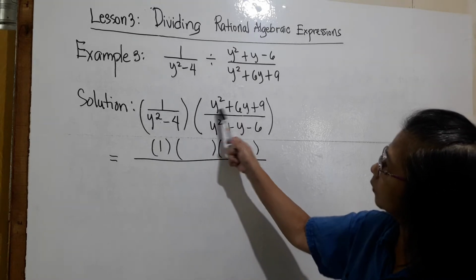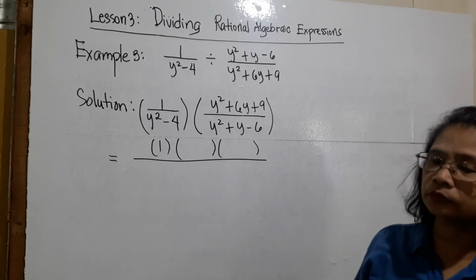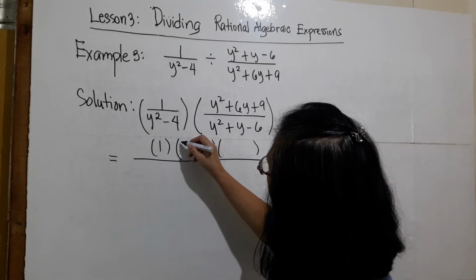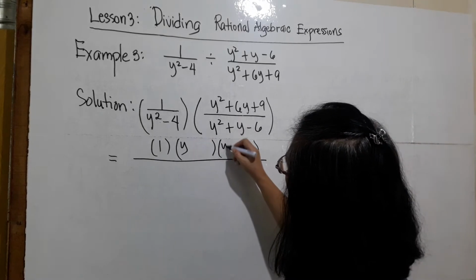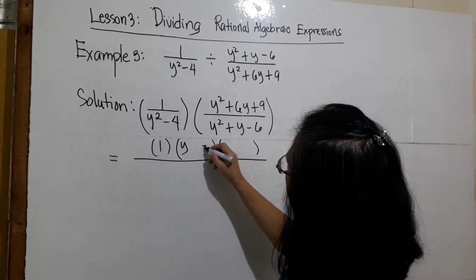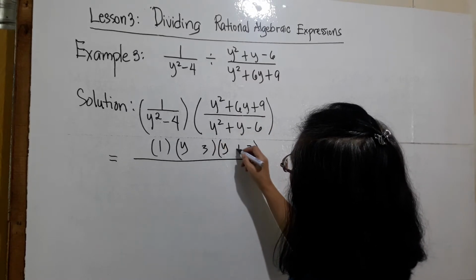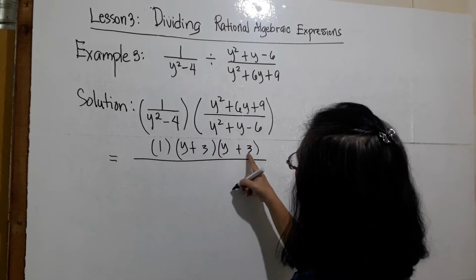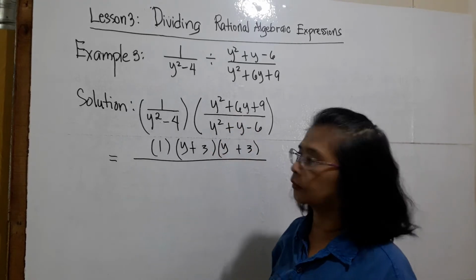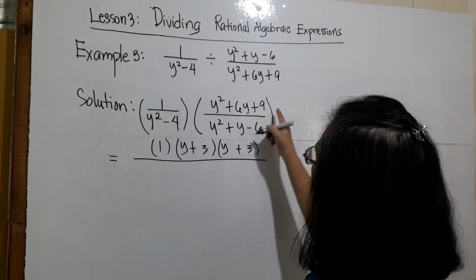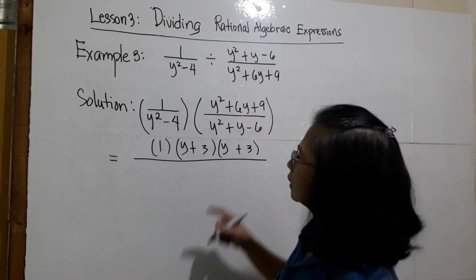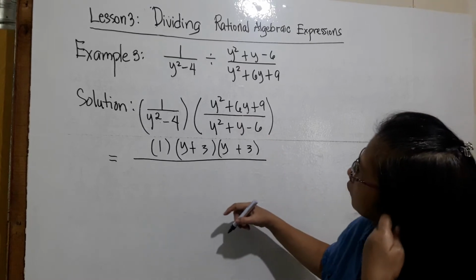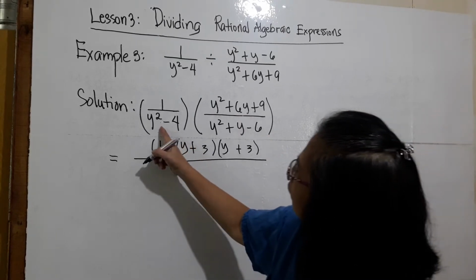The first term and the third term are both perfect squares. So therefore, we have here y. For 9, we have 3 and 3. To get the middle term, 3 plus 3 is 6. So, these are the correct factors of the numerator in the second factor.